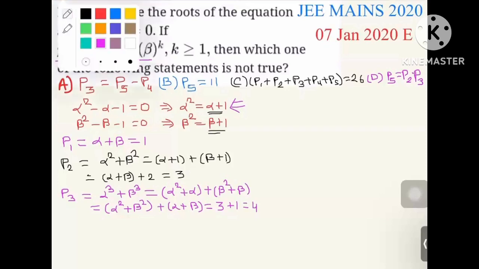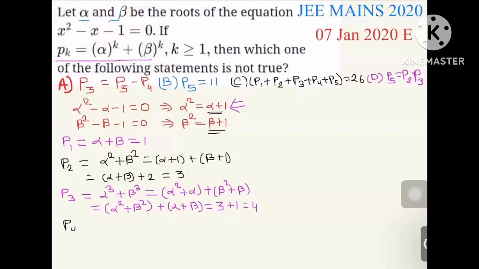Now let's calculate P4. P4 is equal to alpha to the power 4 plus beta to the power 4. Now we know that alpha square equal to alpha plus 1. So we can write alpha to the power 4 as alpha plus 1 whole square plus beta plus 1 whole square.